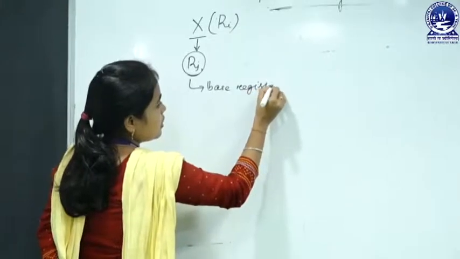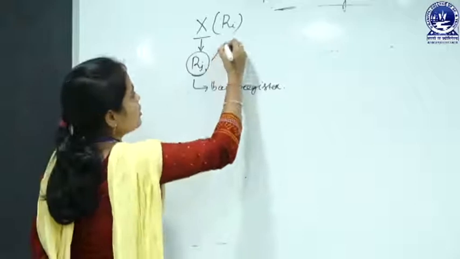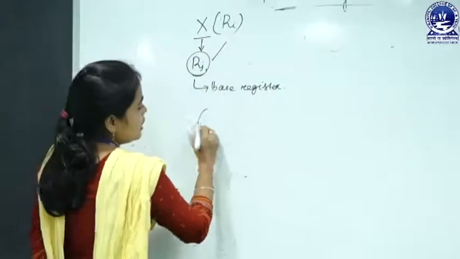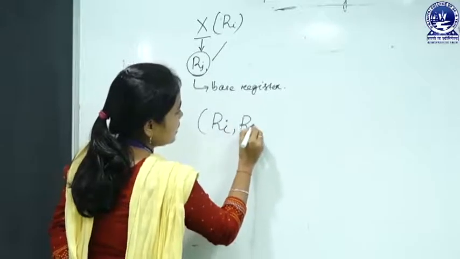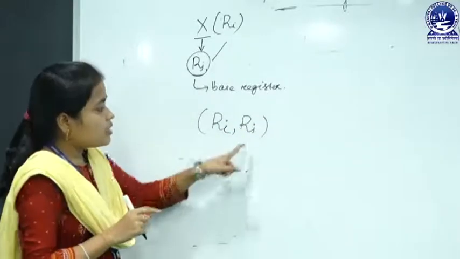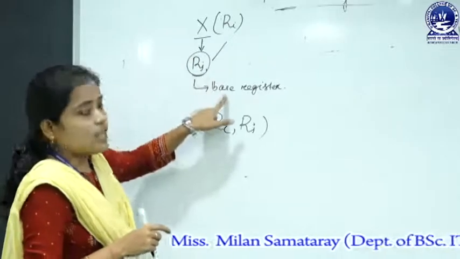Okay. And we have to add here also the content of Rj with Ri, and you can write this like Ri and Rj. Here the second register contains the offset value, that is why that register is called as base register.